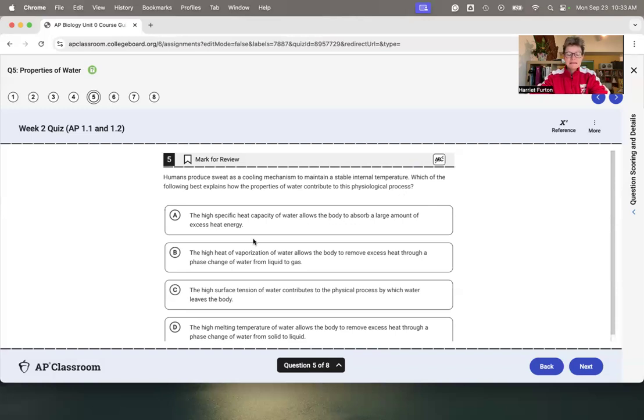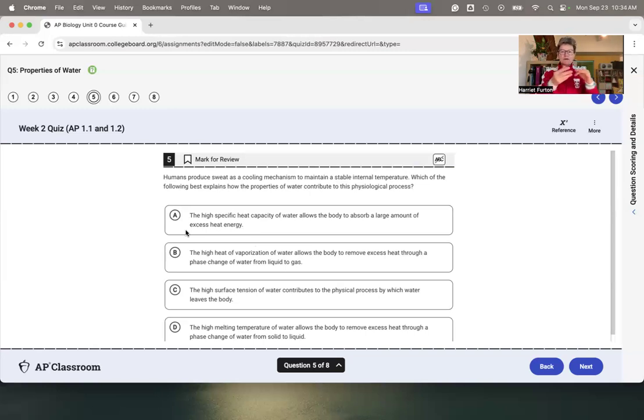Sweat is a liquid in state of matter, watery content, and when we want to cool down, the sweat is going to evaporate, turn into gas state. So let's see, and that requires tons of energy for the water molecule to turn from liquid to gas state of matter. Now, where does the energy come from for that?